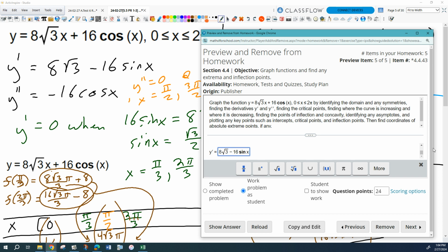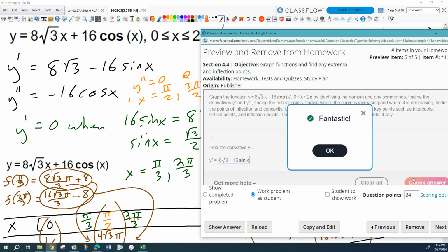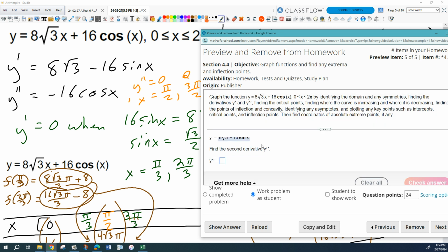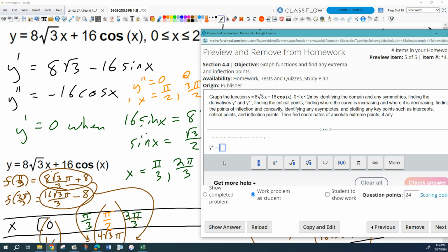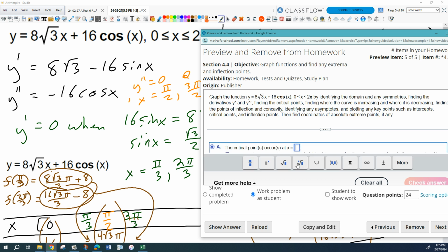Everybody buy that? Another fantastic. Second derivative was negative 16 cosine x. Okay, excellent that time. Critical points occur at what x values? What did we say? Pi thirds and 2/3 pi?